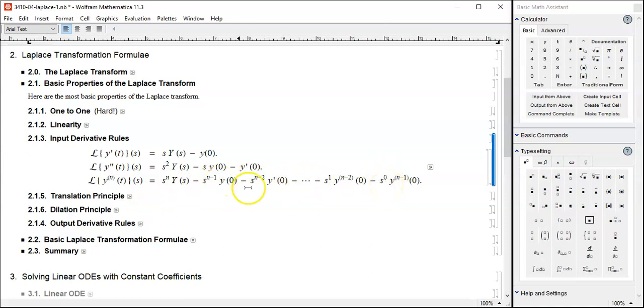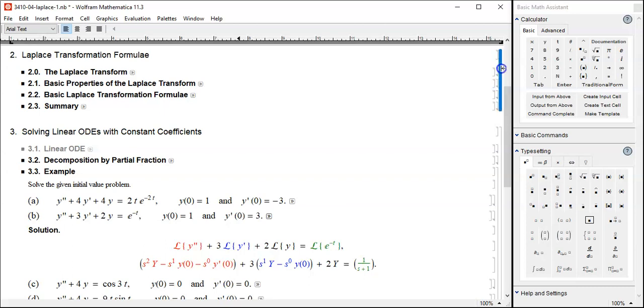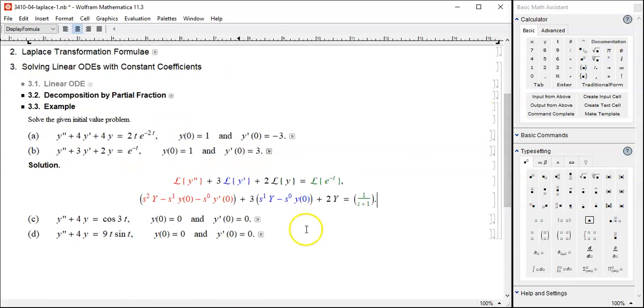On the other hand, y of 0, y prime of 0, y double prime of 0, all the way to the n minus first derivative at 0, they just go up. So they're not too difficult to memorize, as a matter of fact. As for all these functions, you'll probably have to look those up. Exponential appears so many times, so I actually do remember: it's 1 over s minus a. But other functions are kind of hazy to me.